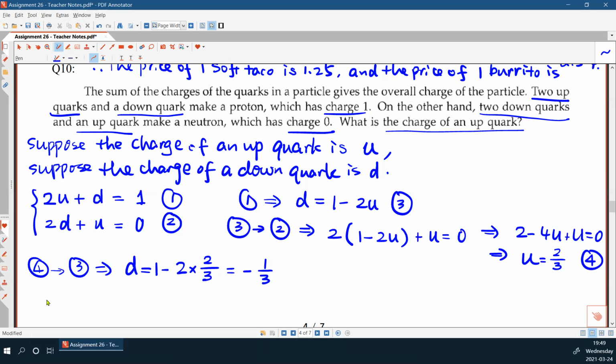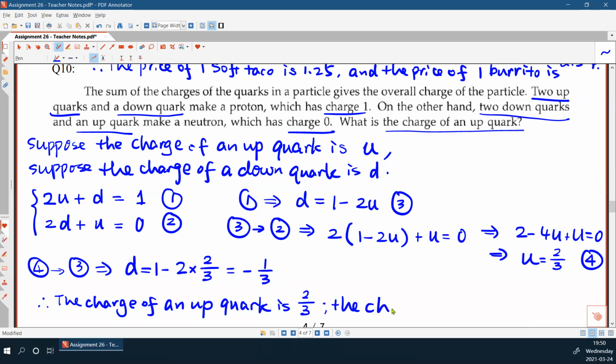Okay, so that means you can now make the conclusion. The charge of an up quark is 2 over 3, and the charge of a down quark is minus 1/3.